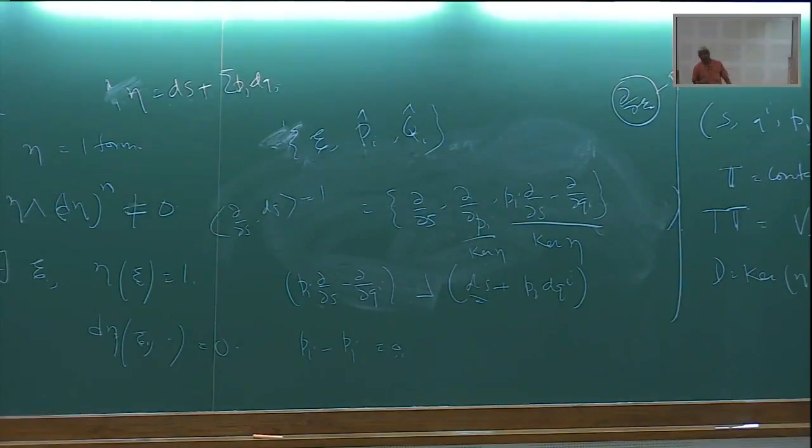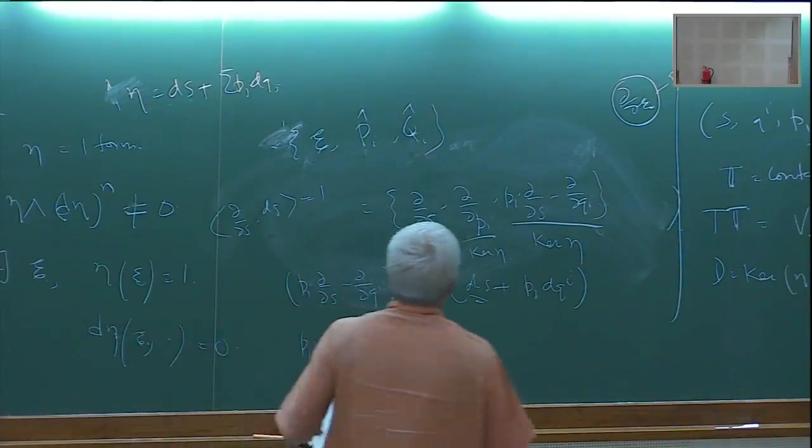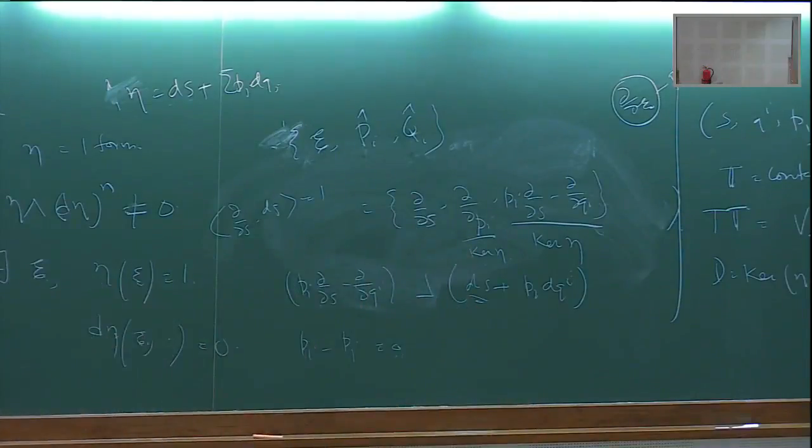Now what do you get? If you use these things, I can define XH satisfying all the conditions. You know the XH from before, but now you will see the XH in the contact form.